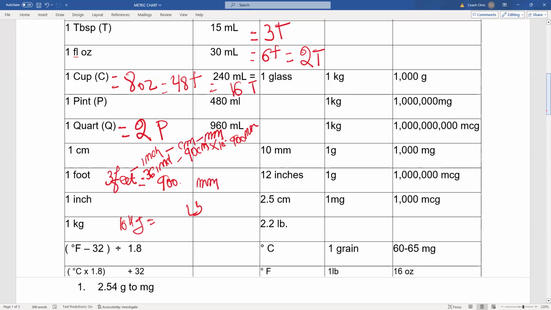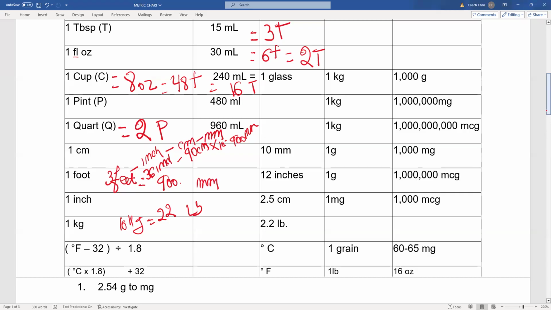Good job. And once you do that, you have 22 pounds. So if they give you 22 pounds and say, convert 22 pounds to kilogram, well, we know from pound to kilogram you got to divide by 2.2. So once you divide the 22 pounds by 2.2, you will have 10 kilograms. All right, don't forget that one.